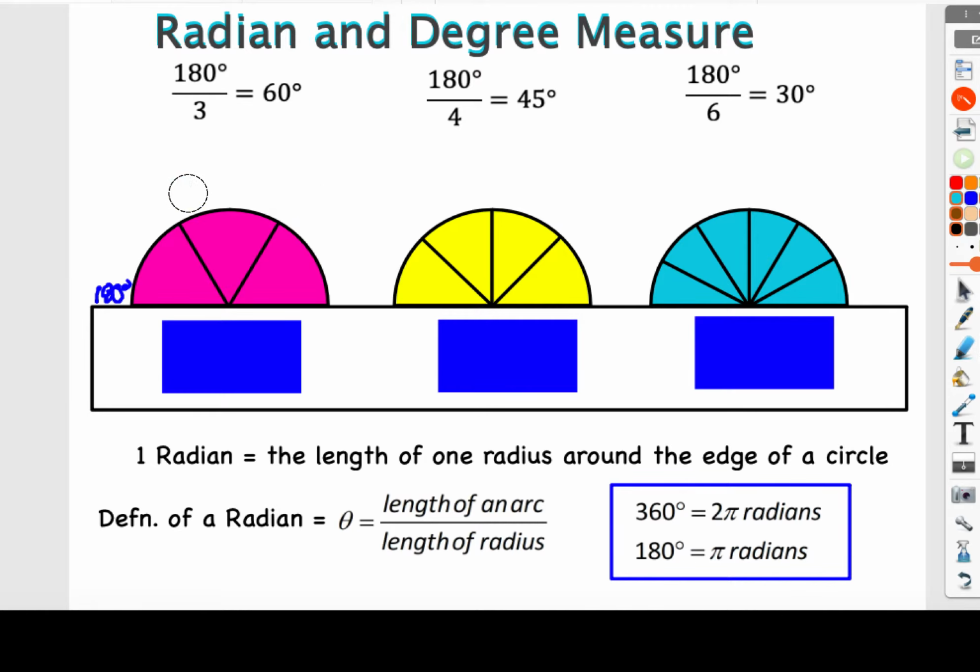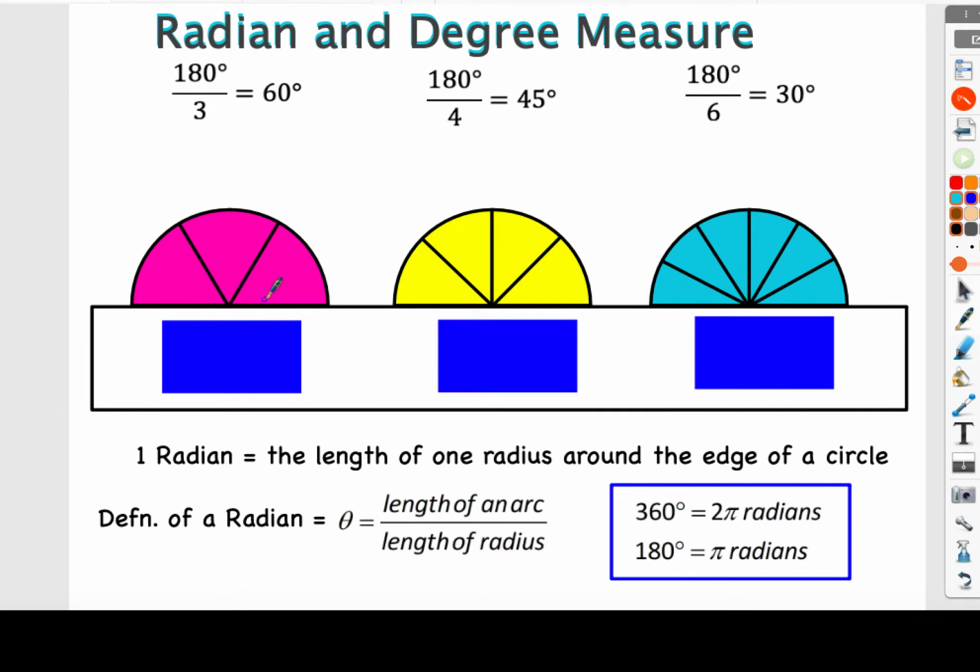Now, radians are just a measurement of the length of the arc on a circle divided by its radius. Or basically 1 radian is the length of 1 radius laid along the edge of the circle.